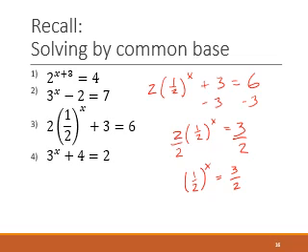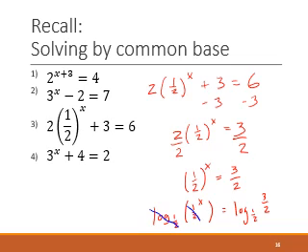You have an exponential with a base of 1/2. So you're going to need to take log base 1/2 of both sides of this equation. Log base 1/2 is the inverse of the exponential with base 1/2. So those cancel. And that means you've isolated the variable, and the answer is log base 1/2 of 3/2.